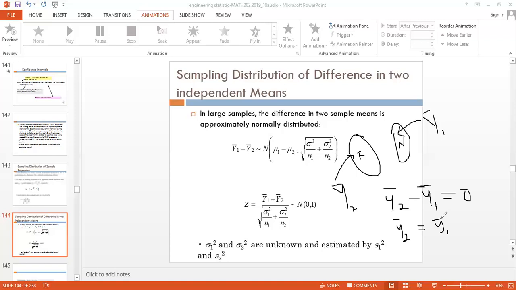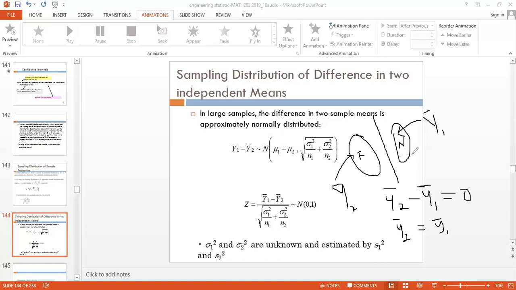Now there are two main types of differences we'll be looking at. We have situations where the populations are independent. Independent means the crops which were planted using the normal technique are different from the crops which were treated with fertilizer. So the yield y2 has nothing to do with the normal technique.